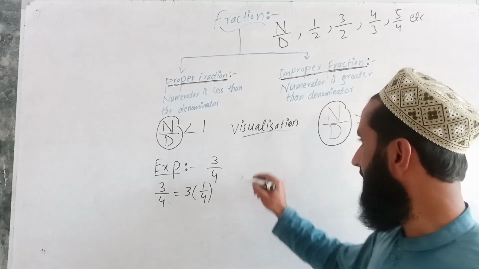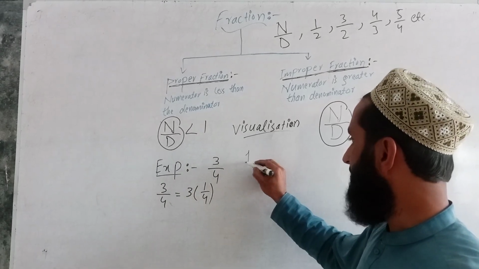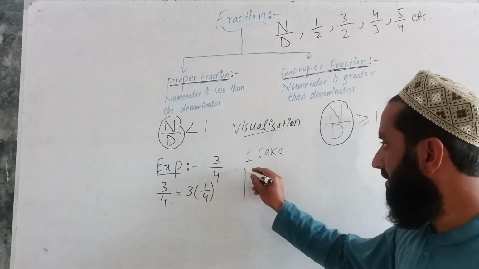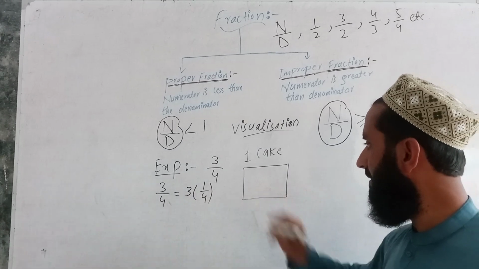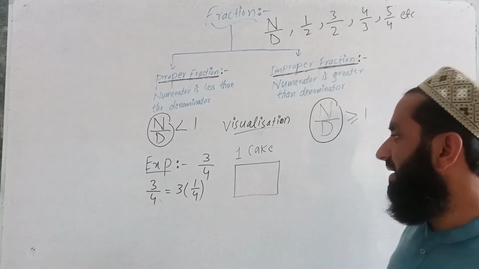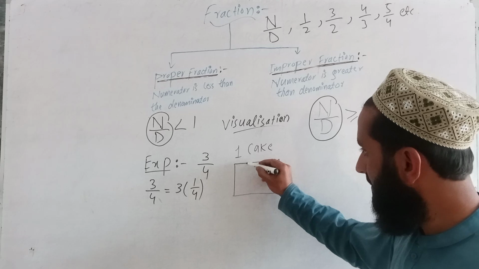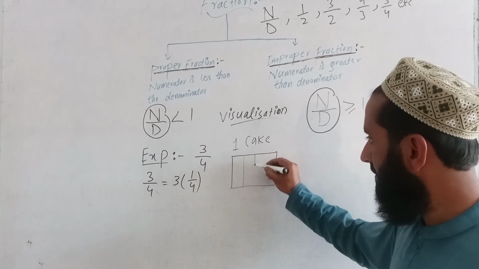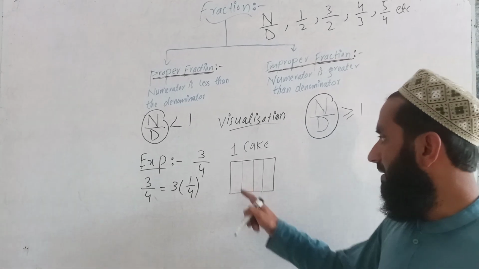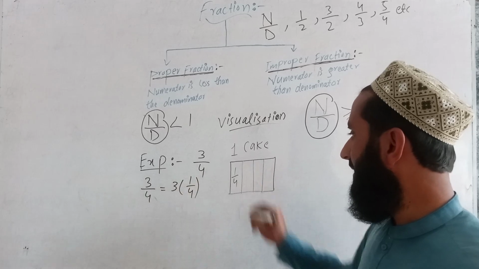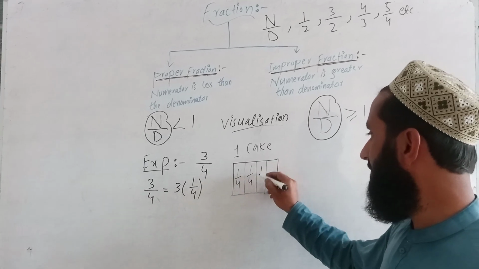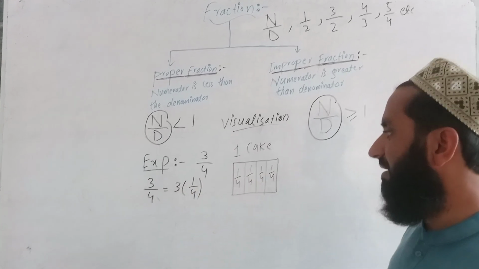Suppose that we have a cake. If we divide this cake into 4 equal pieces, each part of the cake is represented by 1 over 4, which is one part of the cake. 1 over 4, 1 over 4, and then 1 over 4.